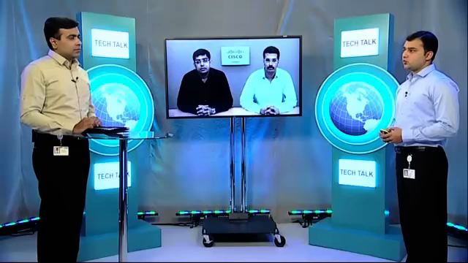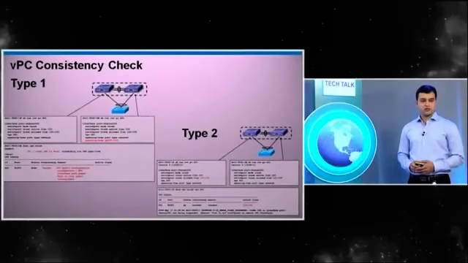Then we have a type 2 inconsistency here, where you see that on the 50201 switch, we have allowed VLANs in the range of 100 to 105. But on the right hand side switch, the allowed VLANs are only in the range of 100 to 104. So we have not allowed VLAN 105 onto the right hand side switch. Now if we see show VPC brief for this VPC port channel 201, we see that the port channel is up.